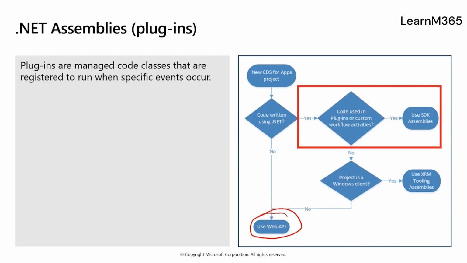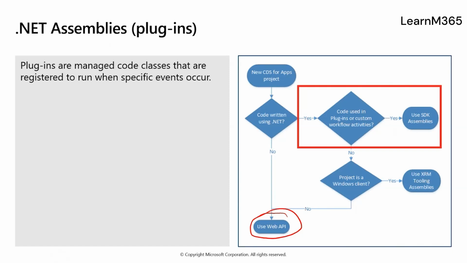Although in today's session we will be covering plugins only, you can explore custom workflows also. As I told you, plugins are managed classes and it is based on SOAP. When the event occurs, it passes through a plugin pipeline that consists of three stages: pre-validation, pre-operation, and post-operation.